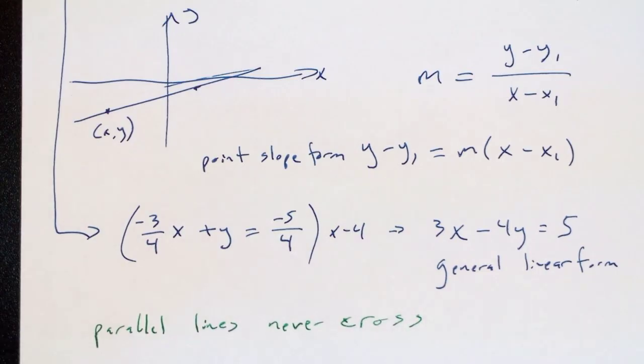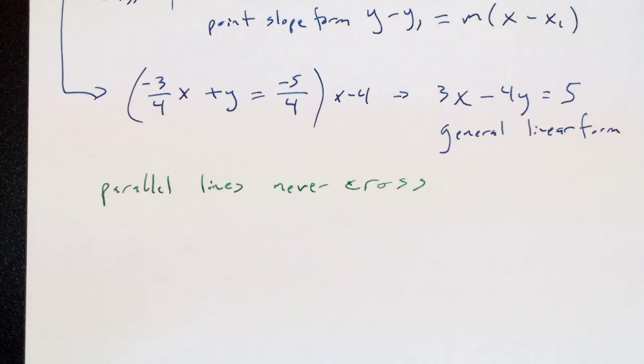Lines that don't cross on a flat surface are called parallel. How can I tell from the equations? Why is that going to make them parallel? You're exactly on the right track.